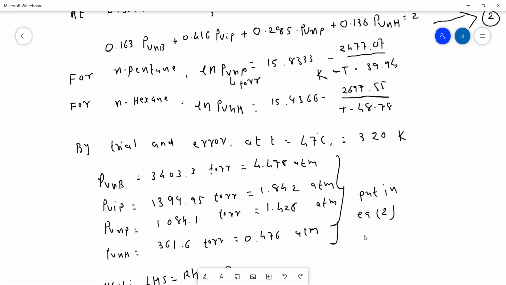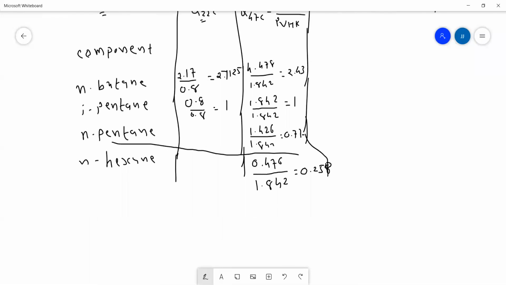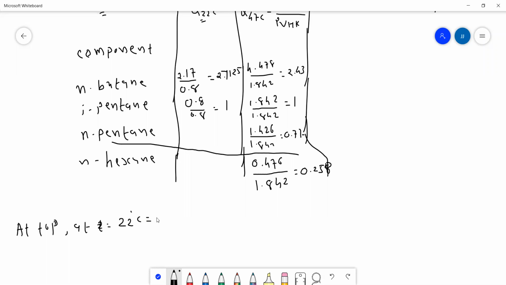So let me write the values here. At the top, at T equal to 22 degrees centigrade, which is equal to 295 Kelvin, we will get ln of the vapor pressure of n-pentane equal to 6.121.